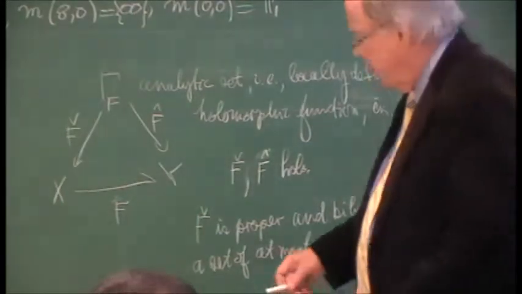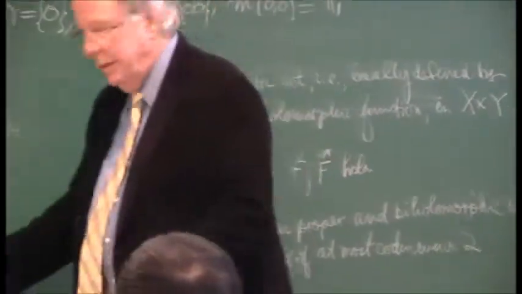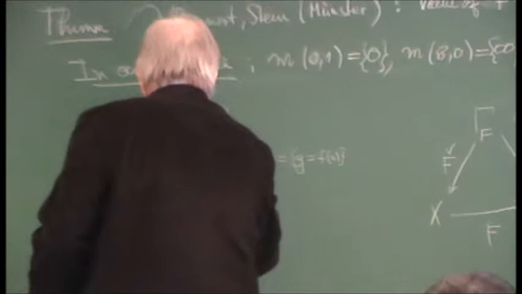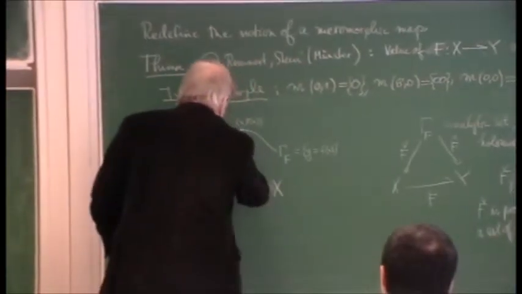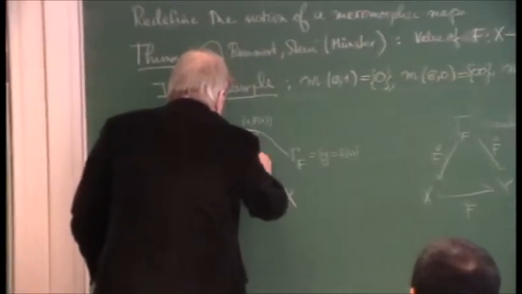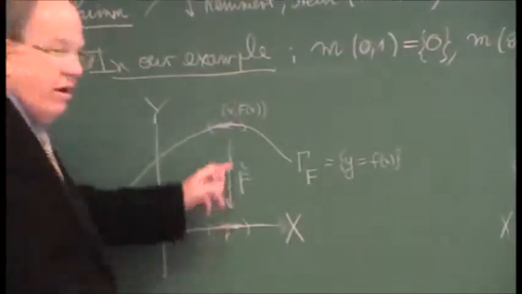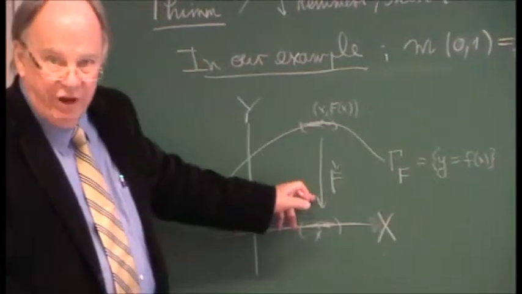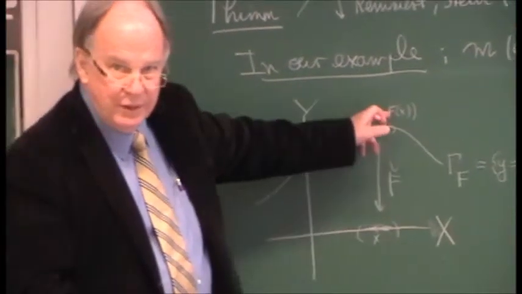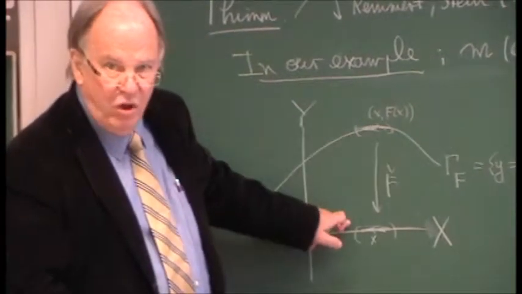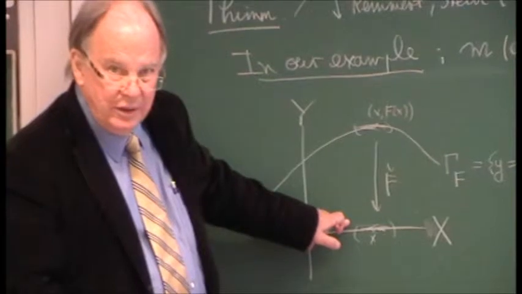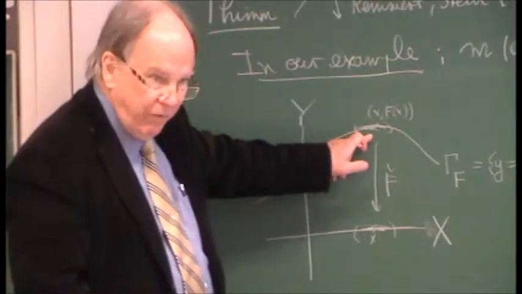If this projection is biholomorphic, it just means that the graph is well defined, that the function is well defined in the usual sense. So except for a small set downstairs, this is really a graph.